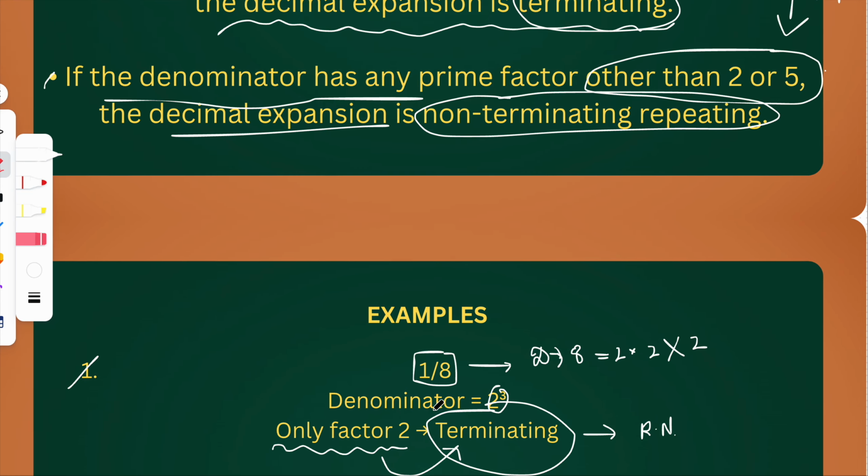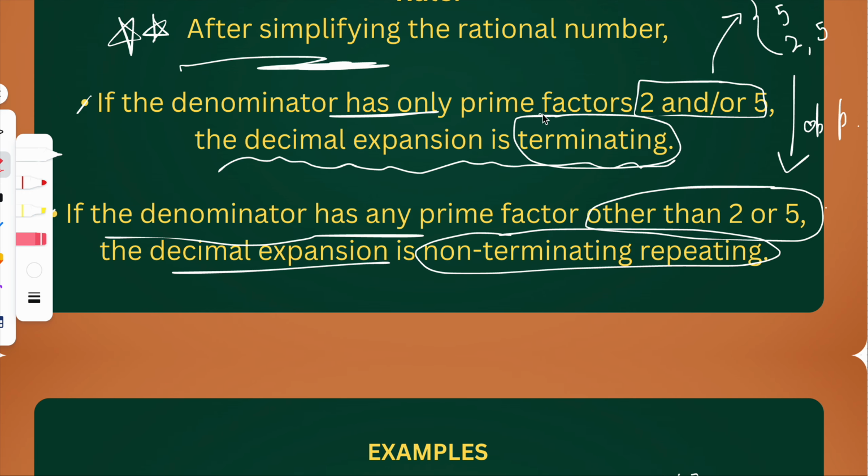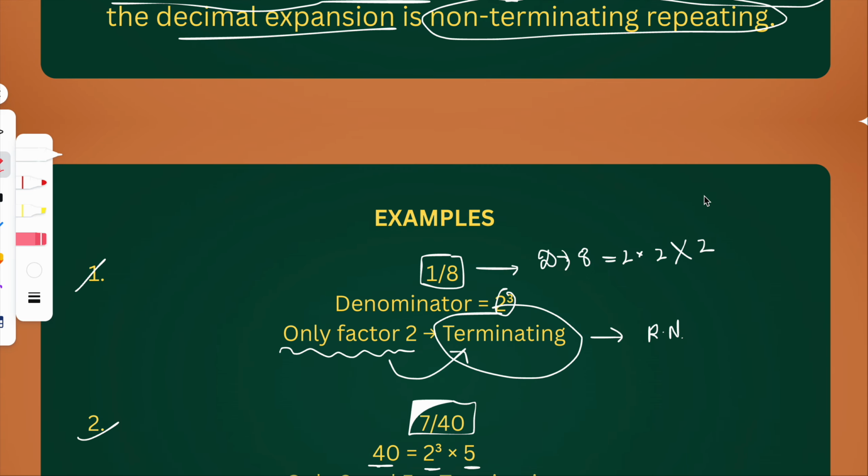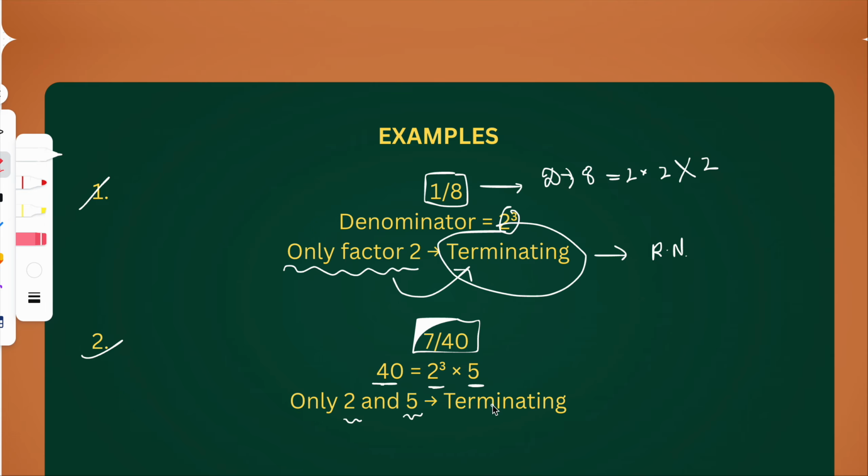And I have taught you earlier, if the denominator has prime factors 2 and or 5, या तो 2 हो या तो 5 हो या तो 2 और 5 दोनों हो. So here 2 और 5 दोनों हैं, so the number is terminating decimal. And if the number is terminating, it is rational number. Very easy. Got it?